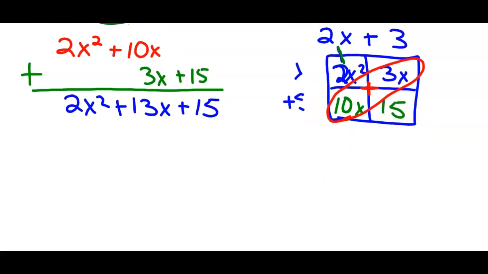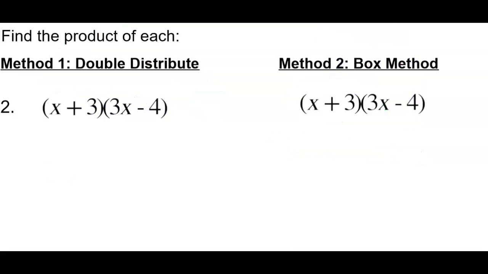You see better now? Okay. So you're going to add those together. Is there a like term with the 2x squared? Nope. So I've got 2x squared. I'm going to add those together. I'm going to bring down my 15 because there's no like term for that. 2 different methods to do the same problem. It does not matter which method you use. Okay? Questions?